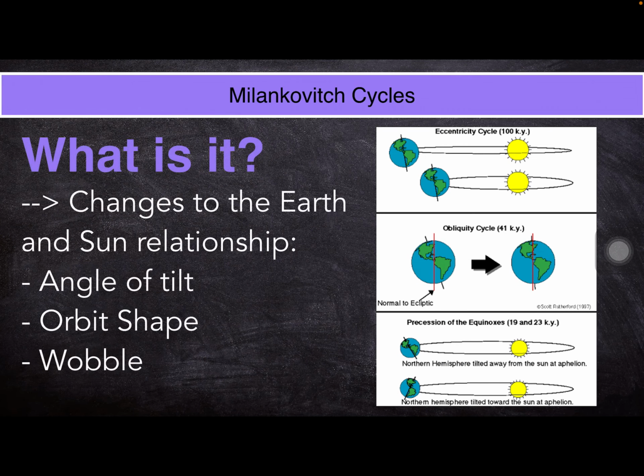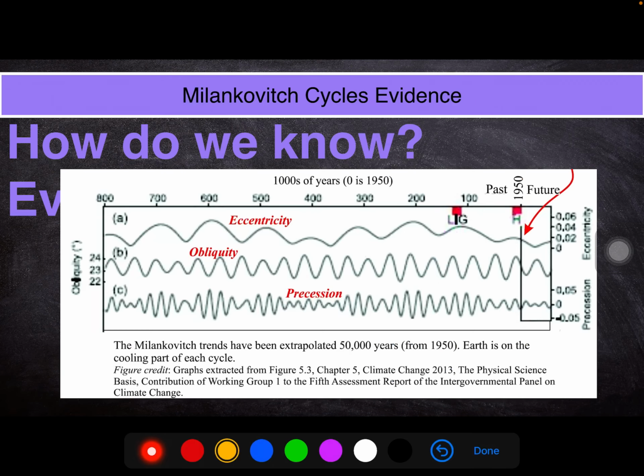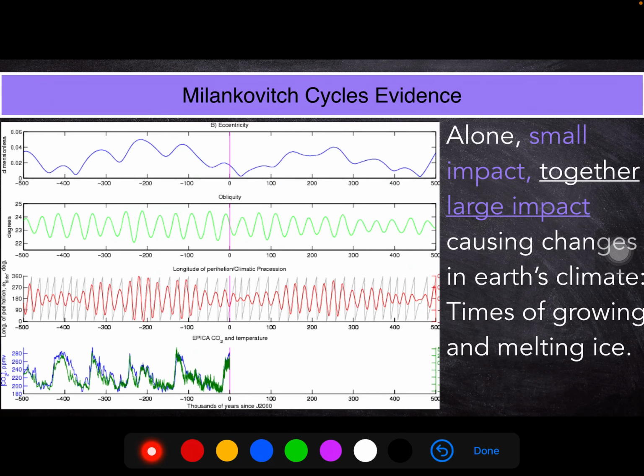And finally, our number 3. Oops, my bad. Here we go. Finally, our number 3. What is the evidence to support these ideas? Well, here's what we know. Individually, each one of these has a small impact on the Earth. However, when we look at each individual data set and start to recognize when these align, that's when we really start to see the large impact causing global climate impacts.